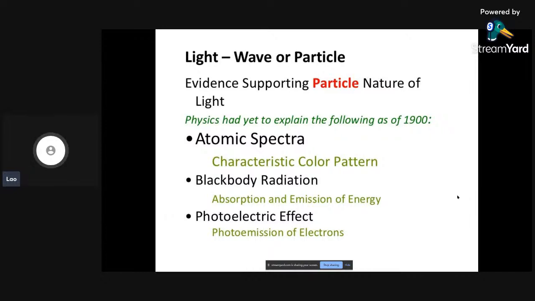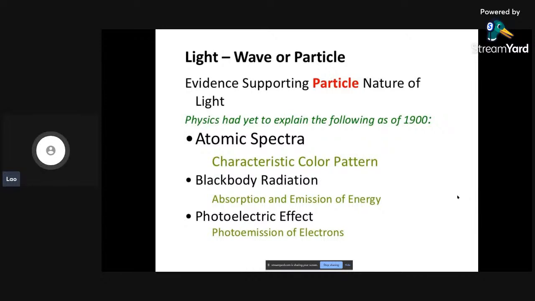Okay, we have also evidence supporting the particle nature of light. So, ito na yung, during 1900, yung atomic spectra enabled us to characterize color patterns and black body radiation, and ito yung absorption and emission of energy.